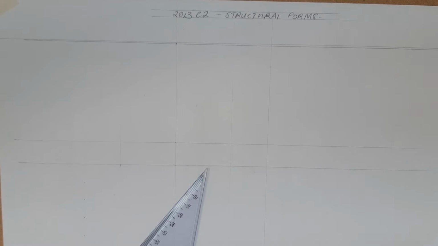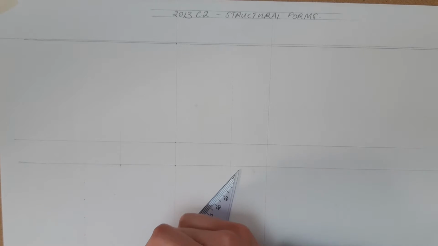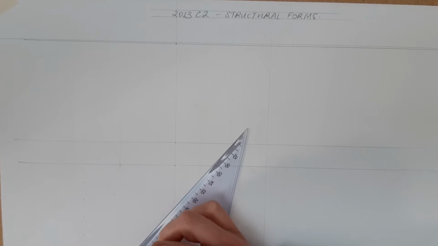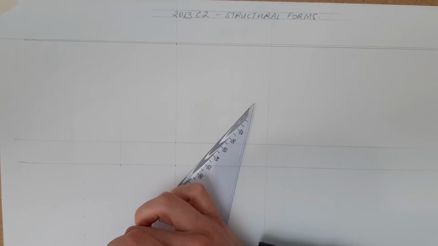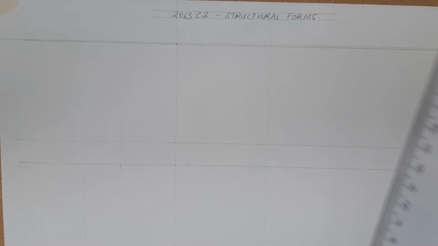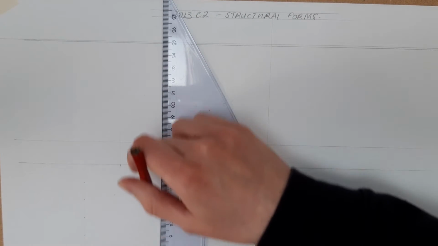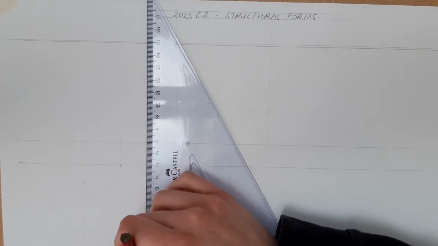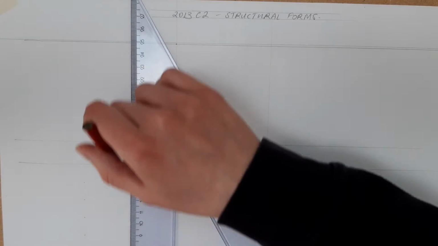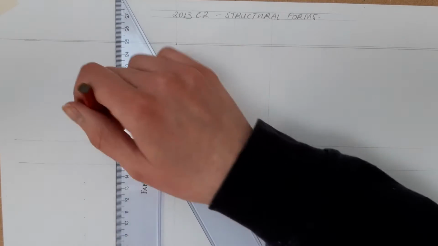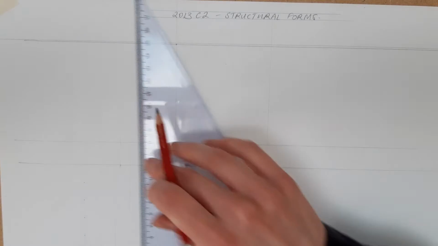Keep doing it for each individual one. As this is the axis, all of the lines need to be parallel to it, as you've seen from every other question that we've done. Once you've done half of this, you'll transfer it over to the other side.